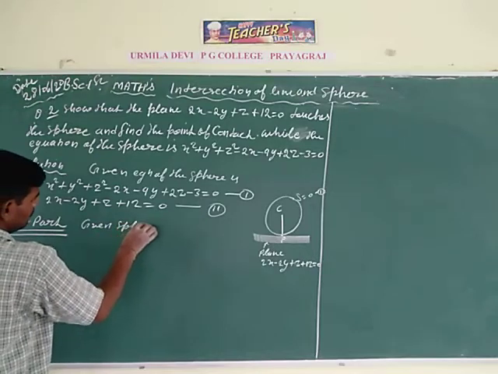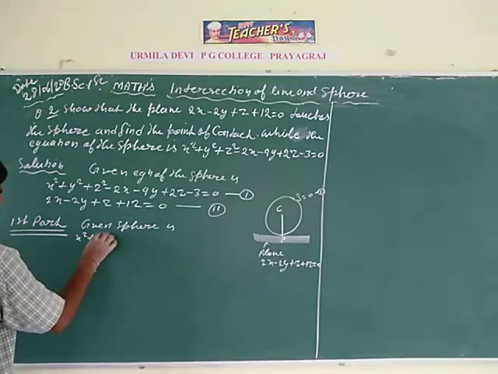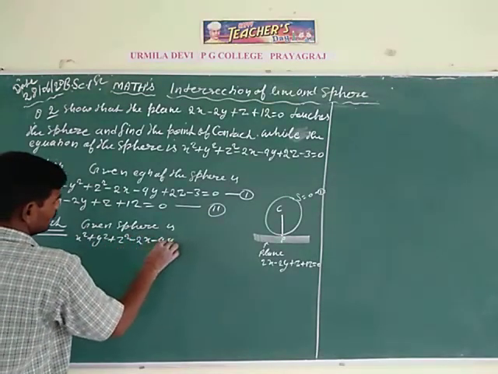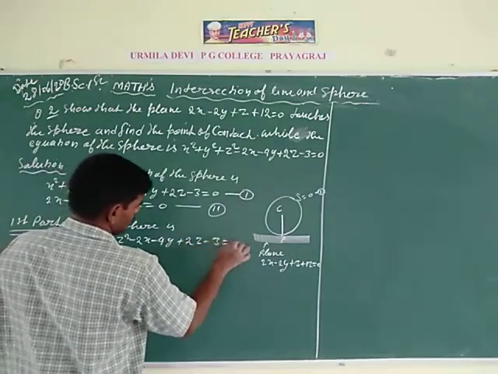sphere is x square, y square, z square minus 2x minus 4y plus 2z minus 3 is equal to 0.